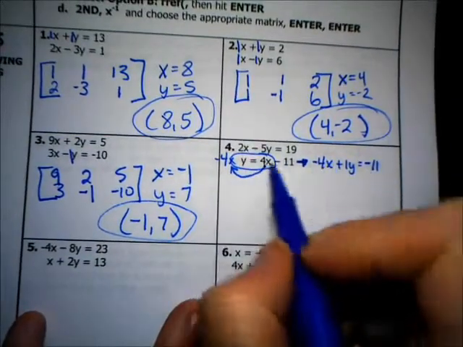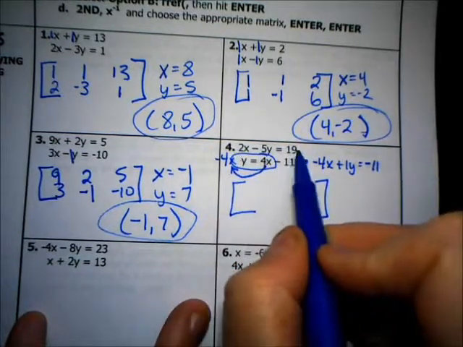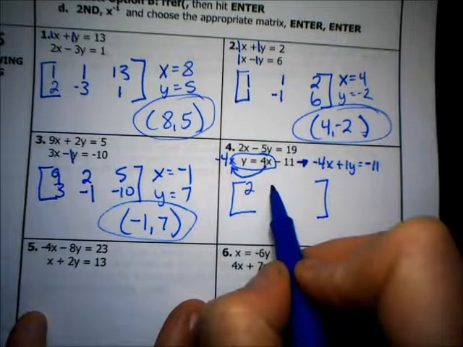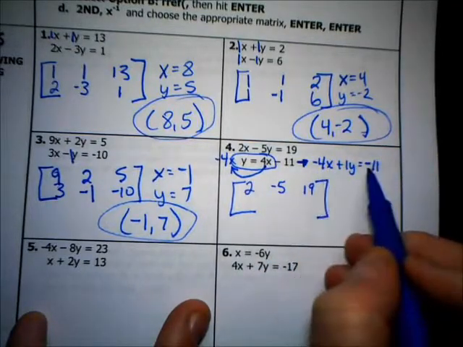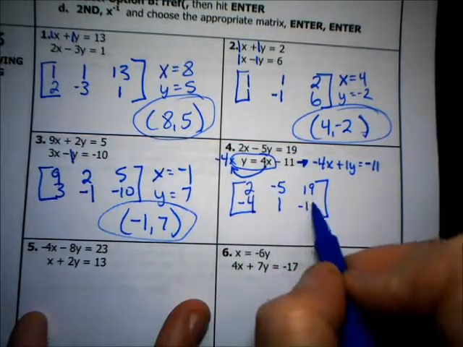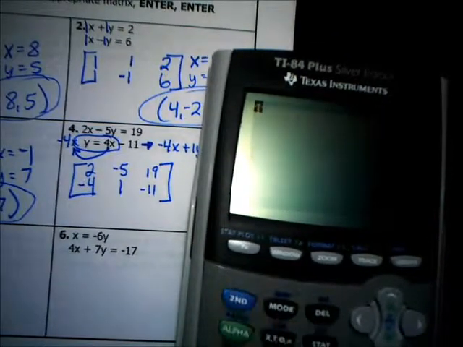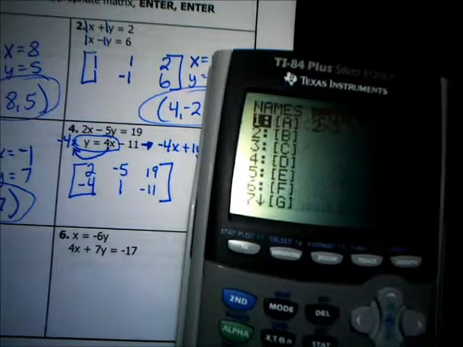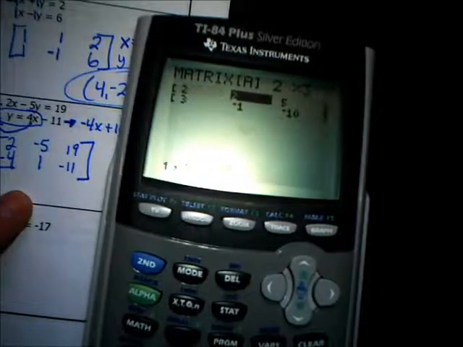Once this has changed, then I can do my matrix. The first row is going to be a 2, negative 5, and 19. The second row that I modified will be negative 4, 1, and negative 11. Alright, let's put this in our calculator. Go over to edit, and now in your matrix, type in your new values.